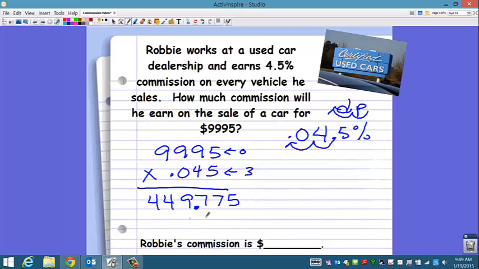We are talking about money, so we need to round to the hundredths place. This 5 tells us that the 7 needs to round up to an 8. So our commission amount would be $449.78. It's pretty easy. It's the same as we've been doing with the sales tax and the tip.